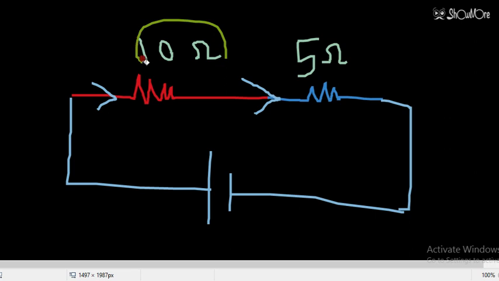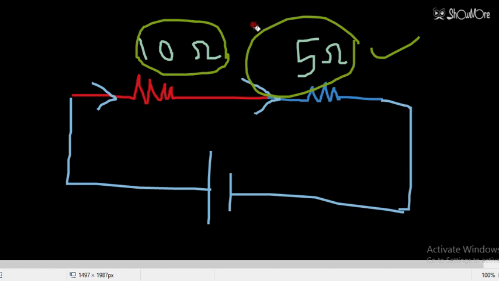So for the previous question, my answer for the resistance between point A and B will be 10 plus 5. In series combination the values are simply added, but in parallel combination the values are added by taking the reciprocal. So the resistance between point A and B will be 15 ohm.